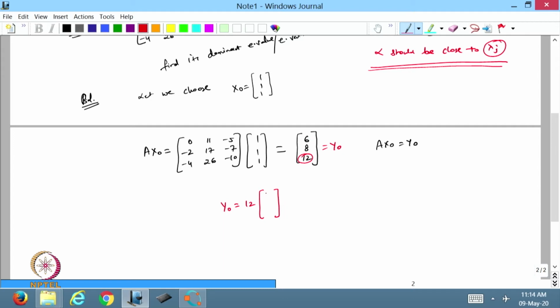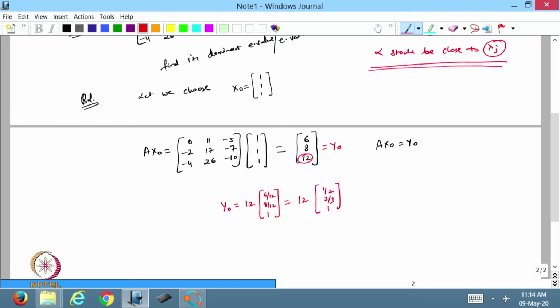Inside I get 6 by 12, 8 by 12 and 1. So, this is 1 by 2, 2 by 3 and then 1.